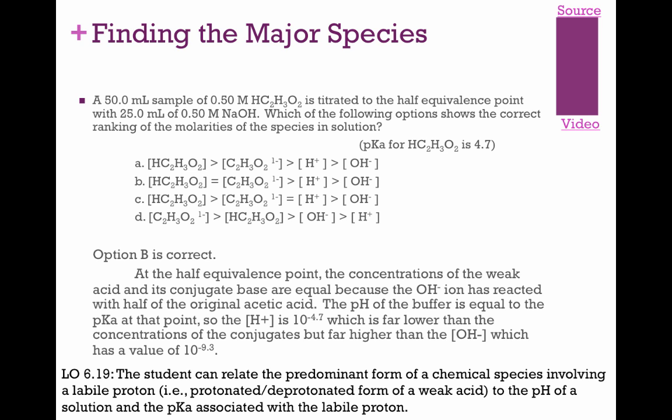The only one that has the concentrations of the weak acid and its conjugate base being the same is option B. And so those concentrations are greater than H plus because a weak acid does not ionize completely. So since the weak acid doesn't ionize completely, you're going to have more acid than H plus. And then all of those concentrations are greater than OH minus because as OH minus is getting added, it's being neutralized by the acid.